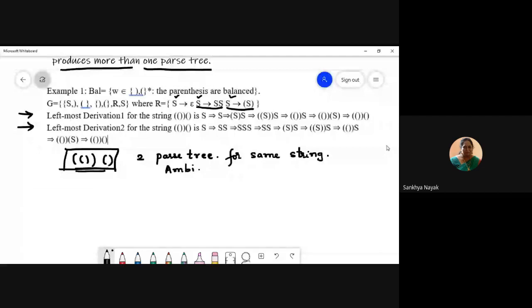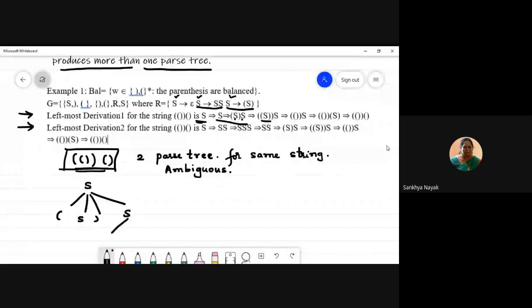So let us write the parse tree for that. If I take the first one, here you can see S expands as open bracket, S, closed bracket, and then one more S, correct? Then one more S. In the next step, what is happening?